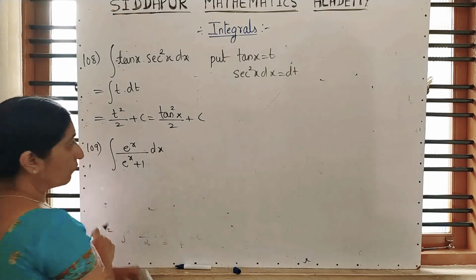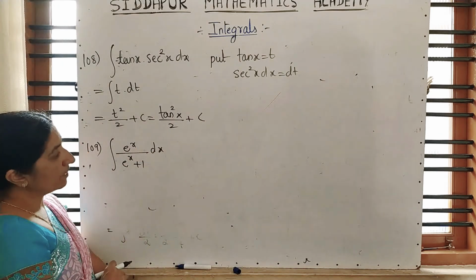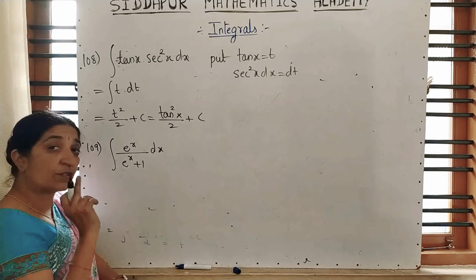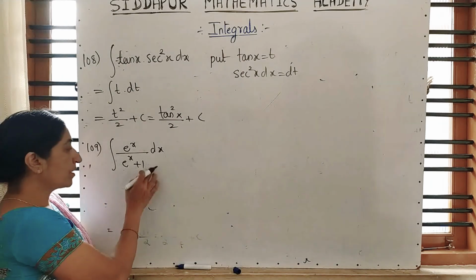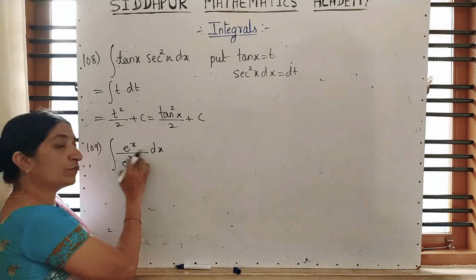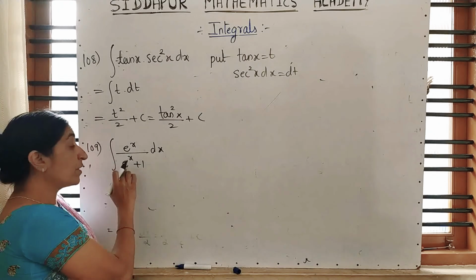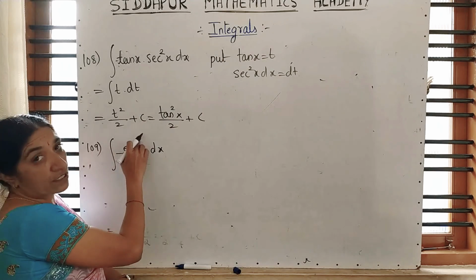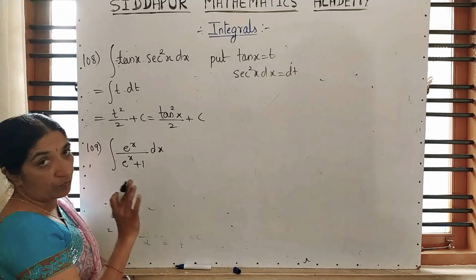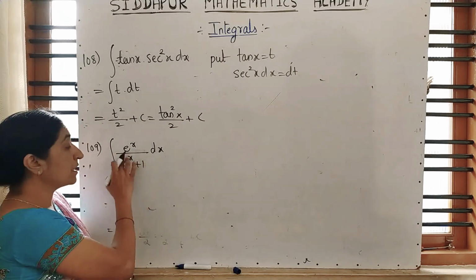See, already you are familiar with the formula. Now tell me, this is the fraction. Instead of substitution, I will explain one more method. What is the differentiation of the denominator? Denominator is e raised to x plus 1. Differentiation of e raised to x is e raised to x. Differentiation of 1 is 0. That means the final answer is e raised to x.